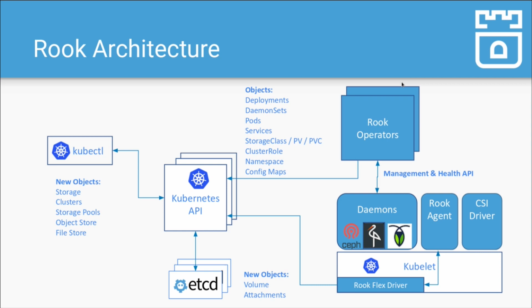That's the individual daemons that manage the objects for a given device, like an SSD or a hard disk, and spin up the Ceph object storage daemons on those devices, and then also create the other Ceph daemons like the monitors, the manager, and the metadata servers if you're using the file system, and distribute those across the cluster.